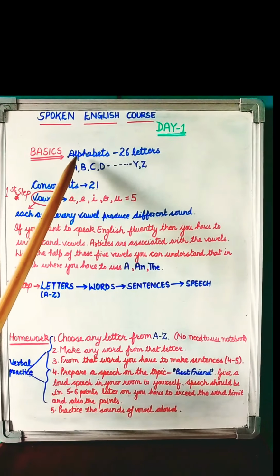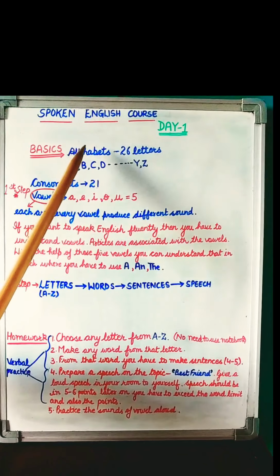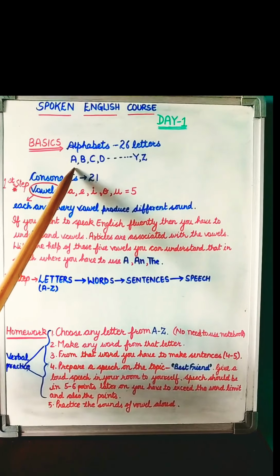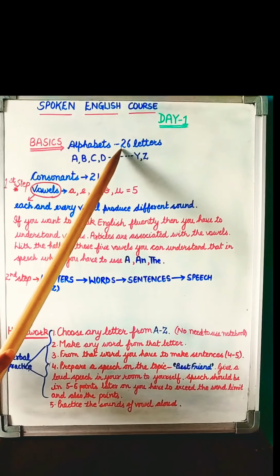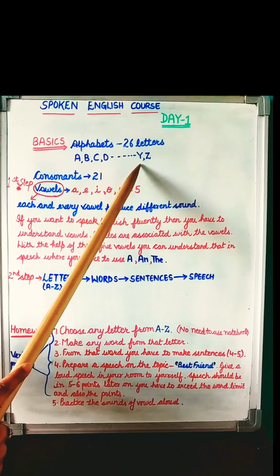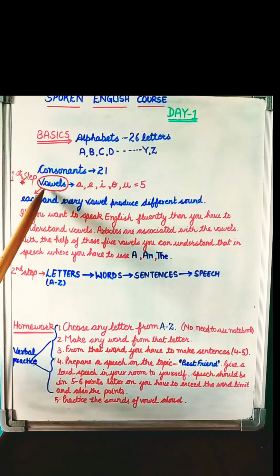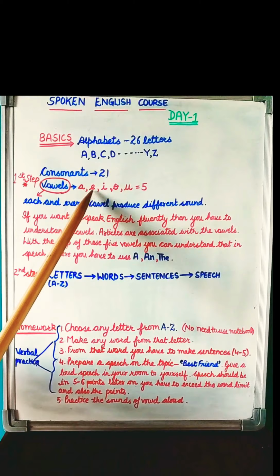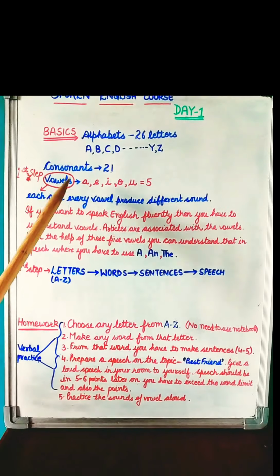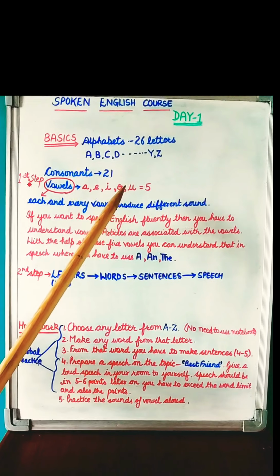As you all know, in English there are 26 letters, and all these 26 letters come under the alphabets. You have been aware from the very beginning of school that there are 26 letters, A, B, C, D and so on to Y, Z. Among these letters there are 21 consonants and 5 vowels: A, E, I, O, U. This is the first step: you must be aware of the vowels, because each and every vowel produces a different sound.